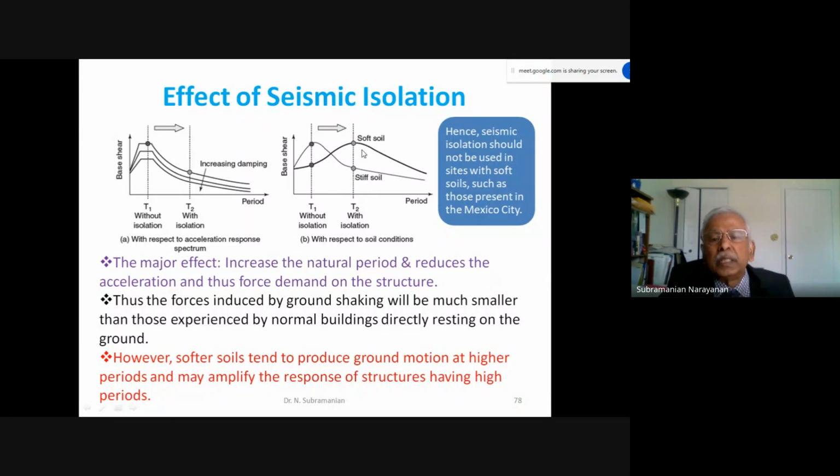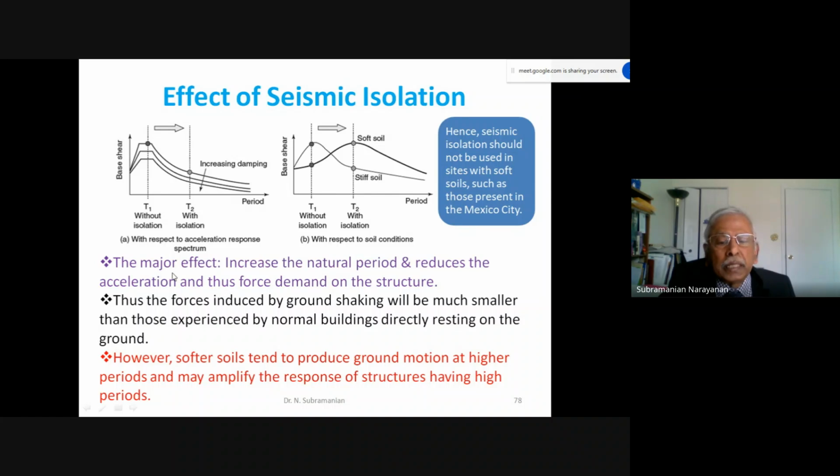Whereas in a soft soil condition, the base shear is amplified with isolation. So you should not use it in places such as the Mexican city, which is on a big lake.